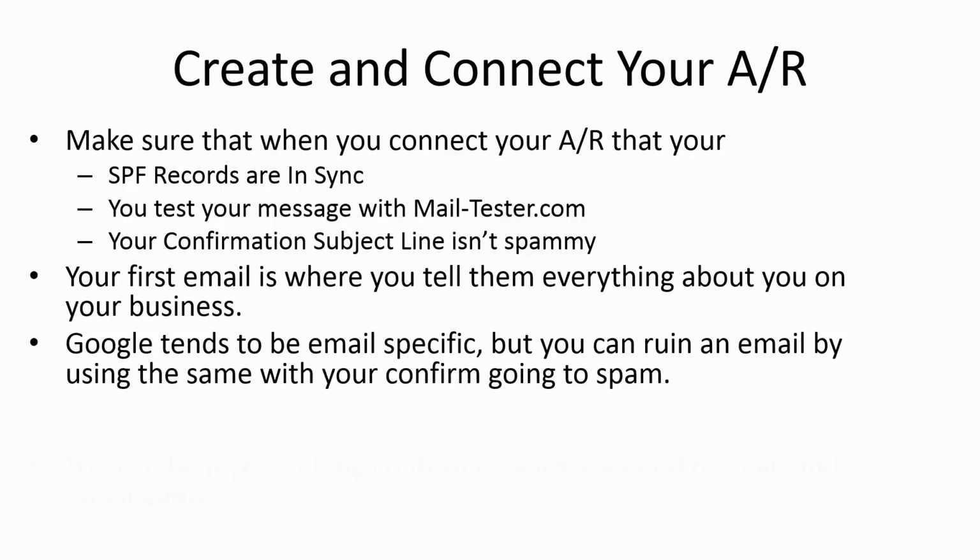And if you can set up a different domain, get the SPF records in sync, get the DKIM in sync, and then use that for your autoresponder, you will not be in danger of actually seeing an email go to spam when you're using your actual sending address. Right? And Google tends to be email specific, so you can actually send different emails from the same domain and not ruin the reputation of that domain.